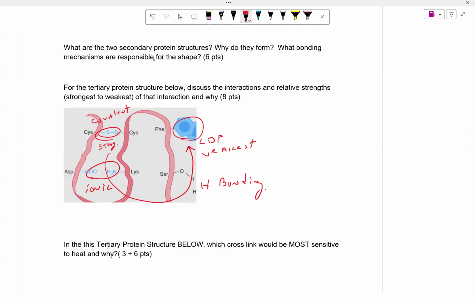Covalent are not intermolecular forces, but it's extremely strong. And then ionic are the strongest intermolecular forces. So if those functional groups are interacting, it depends on the cross links that keep that big protein molecule in the shape it's in, or enzyme. The stronger those bonds, the more resilient that protein is to being reshaped.